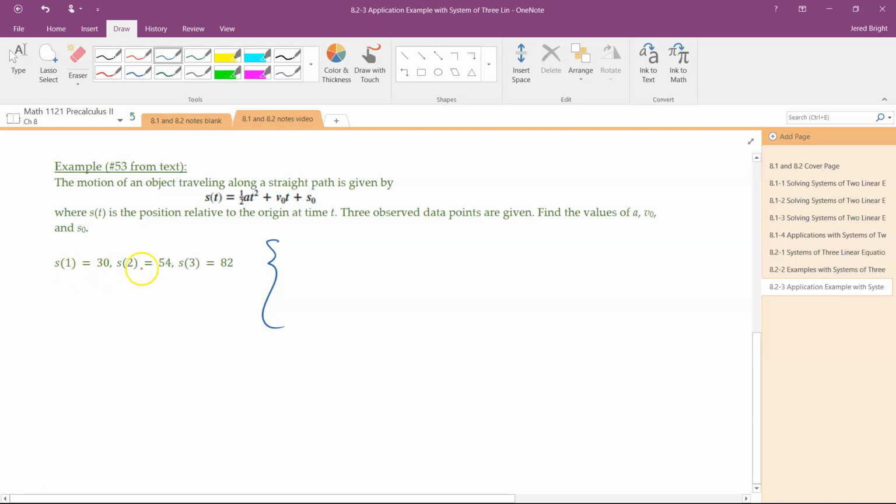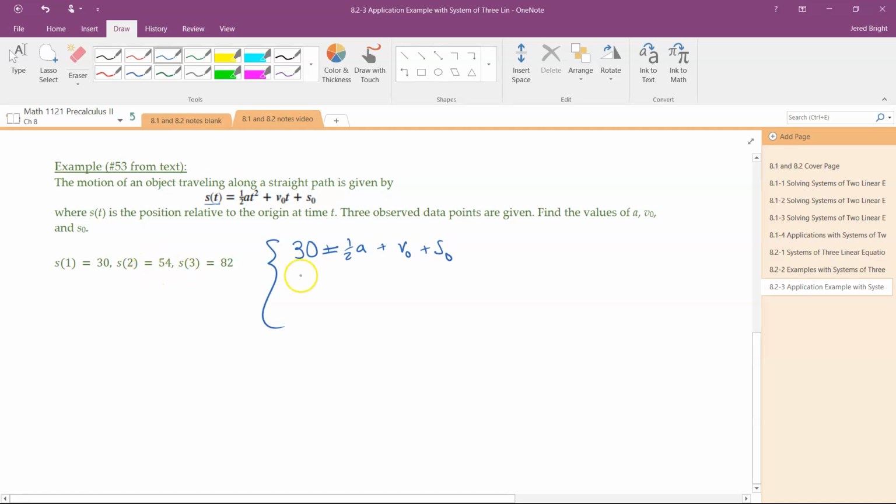For example, s of 1 is 30, so s of t becomes 30, equal to 1/2 a t squared, so t is 1, I'll just write 1/2 a, and t squared is 1, plus v naught plus s naught.